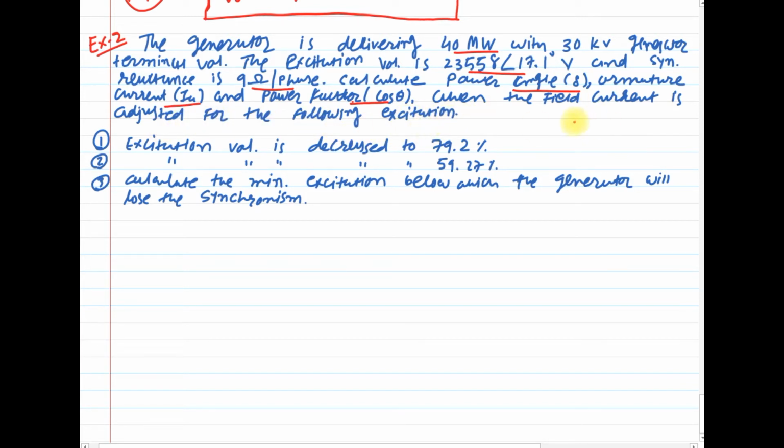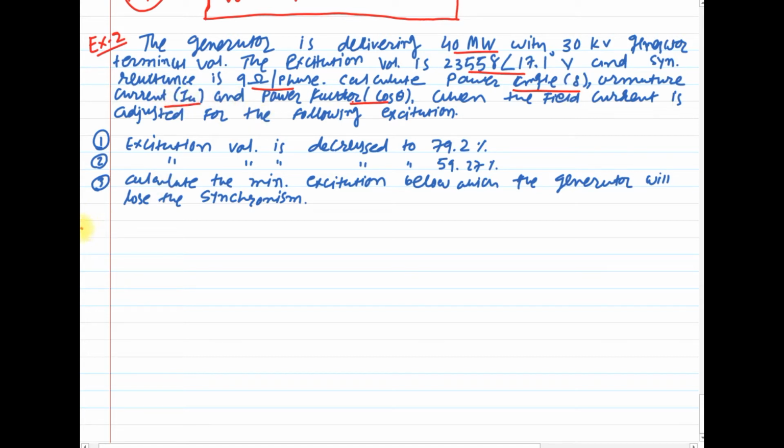That means by varying the field current, or varying the excitation, what will be the effect on power angle delta, armature current Ia, and power factor cos theta. In the previous example, we considered the case of fixed excitation. Here in the second example, by varying the excitation of the generator, we have to examine the effect on power angle delta, power factor, and armature current.